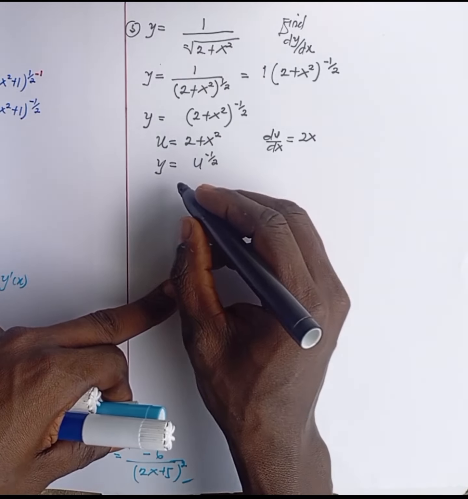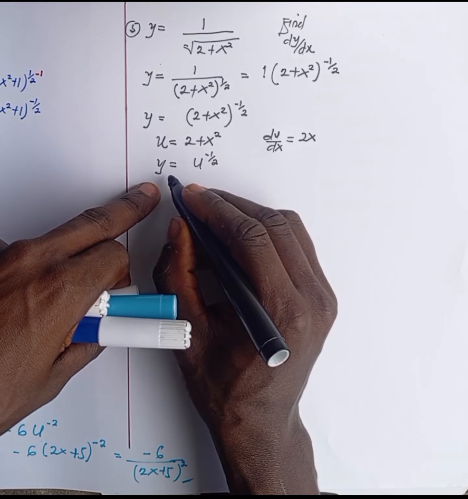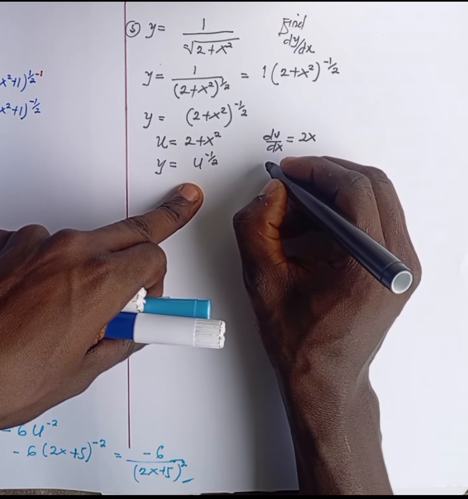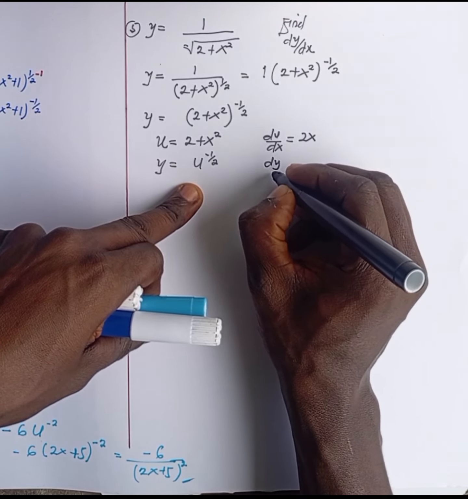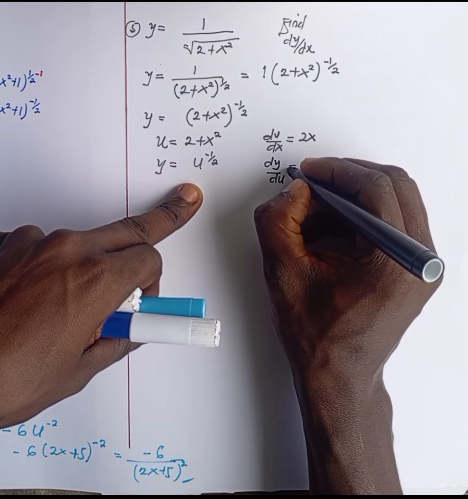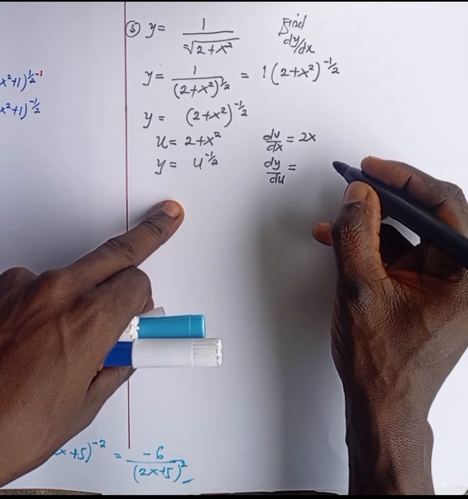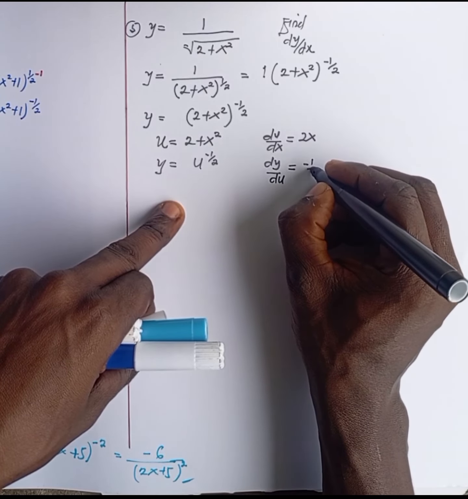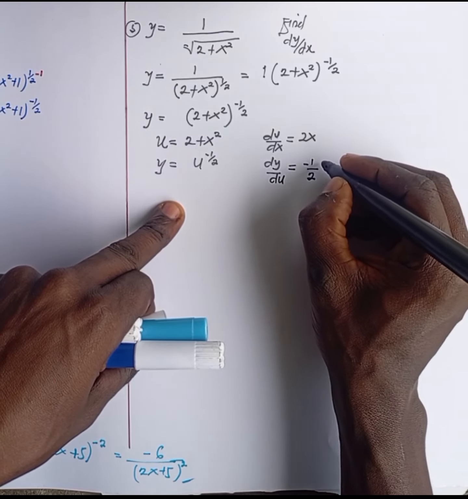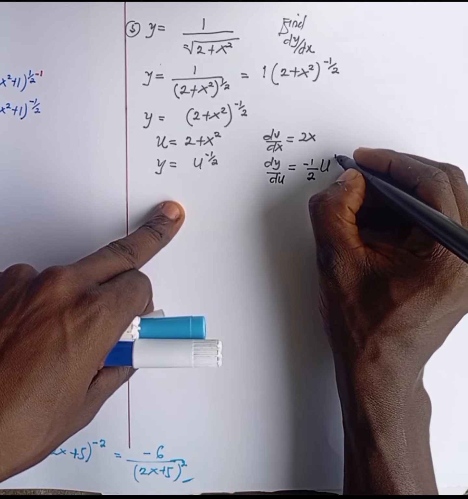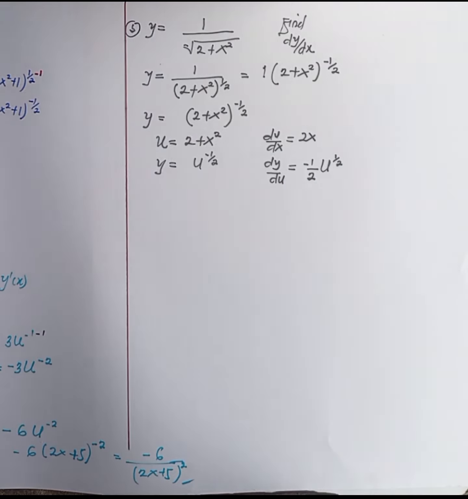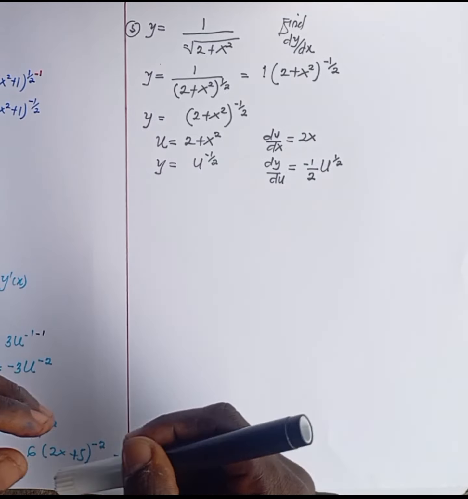2x. Now we are also going to differentiate the function y with respect to u. So we are going to get dy/du. And using the power rule, we are going to get minus 1 over 2 u raised to the power positive half. So the next step is to just substitute these functions and their derivative into the formula.